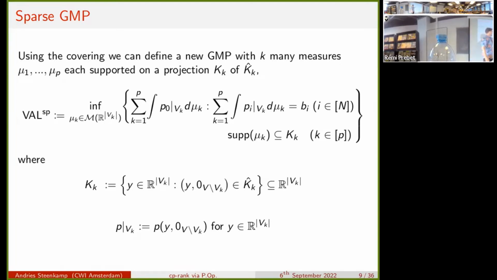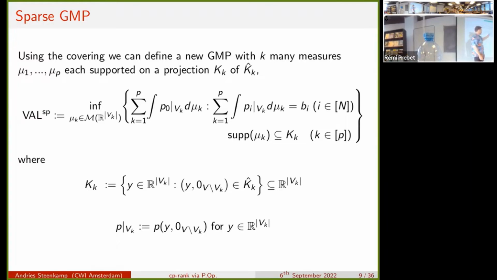Instead of a single integral, we now have the sum of integrals. And because our polynomials have n many variables, we now have to also restrict our polynomial to account for the support of the measure. Same with the constraints. Measures are now supported in these K_k's, low dimensional. Note that in this process, we have actually encoded the ideal constraints into the supports of the measure. So they kind of disappear. We'll see.